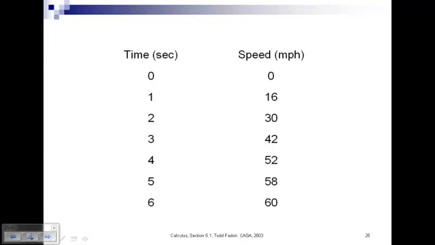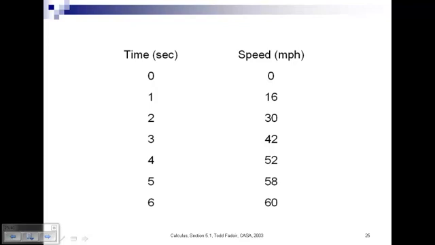Yeah, but whatever happened in between those? Well, we don't know. It's not constant. It's not constant acceleration. True. Because between 4 and 6 seconds, I only gain 6 miles an hour, whereas my acceleration is much higher early on. I don't know what my acceleration is there.